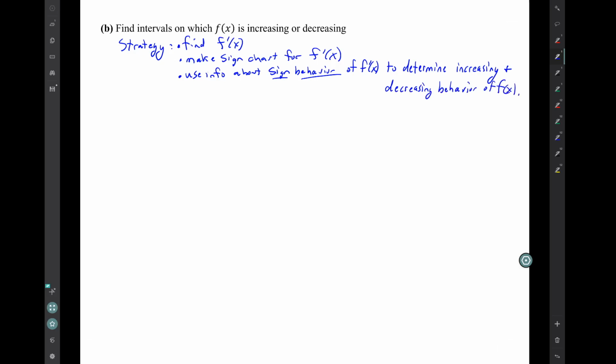All right, so there's our strategy. Let's find f prime of x. So there's our derivative. Now we need to find the partition numbers for f prime of x.